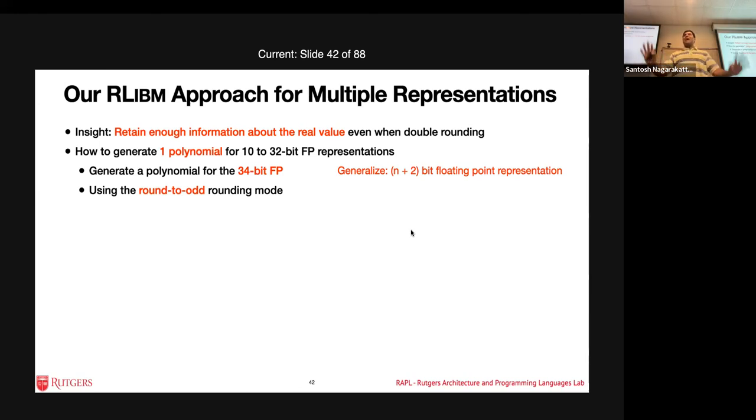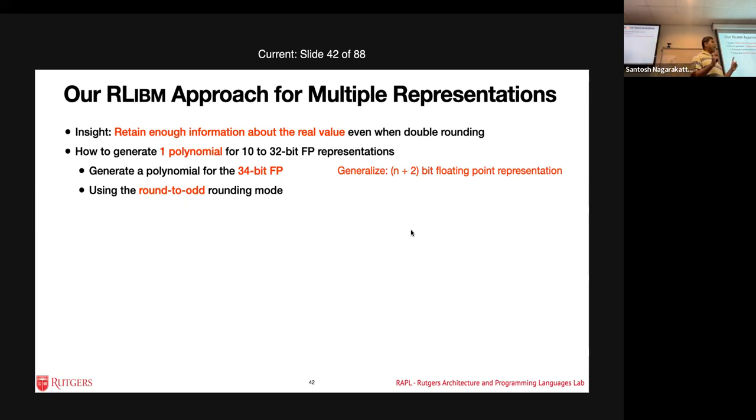So if you want to produce a correctly rounded library for representations from 10 bits to 32 bits and all rounding modes in the standard, what is our magic secret sauce? Create a library that produces correctly rounded results for a representation that has 2 additional bits, but with a non-standard rounding mode called round to odd.